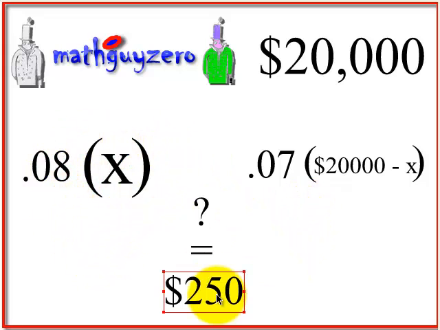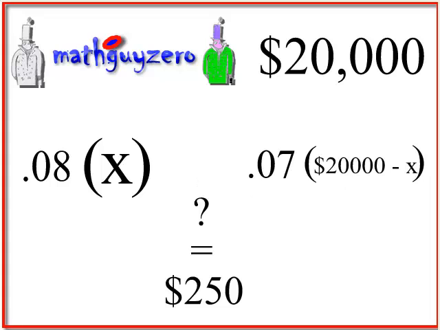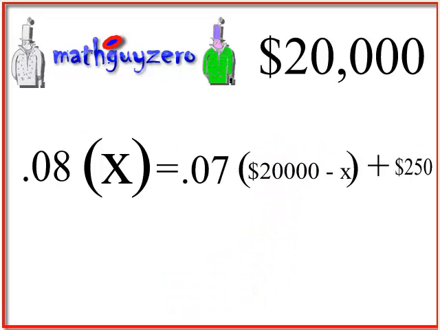So this number has to be $250 greater than that number. We're going to turn that into an algebraic expression like that. Say that one more time. The 8% gave him $250 more than the 7%. So that's what it looks like in an algebraic expression.